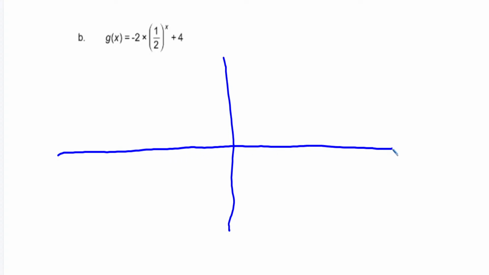Right, the next one is this. It's an exponential graph, all right? It's going downhill, but it's been reflected over the x-axis, right? And then lastly, it's been sort of picked up by 4. What I'm going to do is I'm actually going to draw in the asymptote first up.